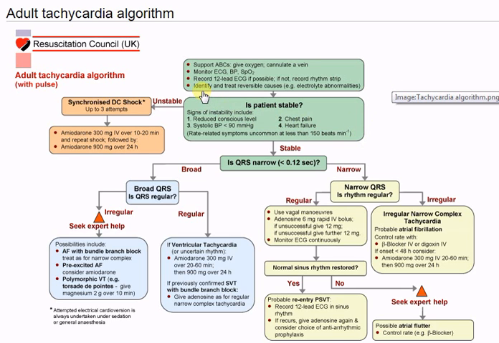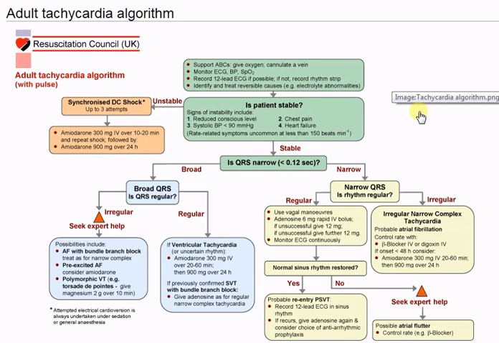And then you need to identify reversible causes. Examples: electrolyte abnormalities. Yes, that's the first thing you need to do when you see a patient come to your emergency department.